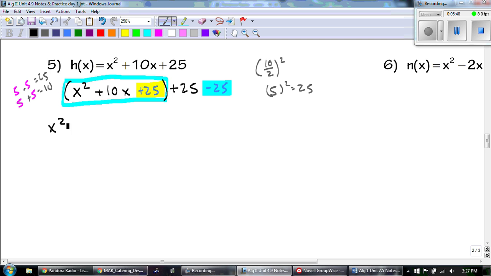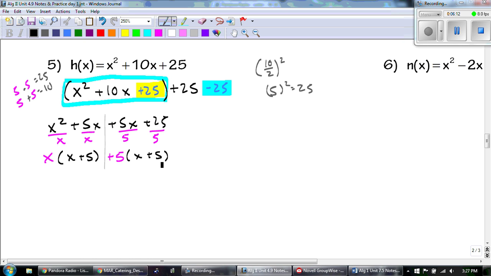So we have x squared plus 5x plus 5x plus 25. The GCF of the first group is an x. Of the back group, it's a 5. So we have x plus 5. And then when we divide everything, we're left with x plus 5.